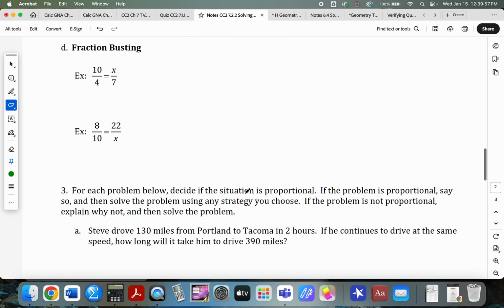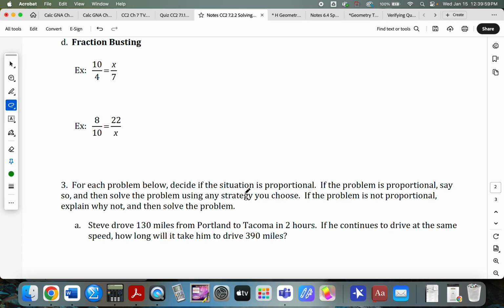You can also do this by fraction busting. That is, multiplying all the fractions by the least common denominator. So first I'm going to reduce this. 5/2 is equal to x over 7. What's the least common denominator here? 14.